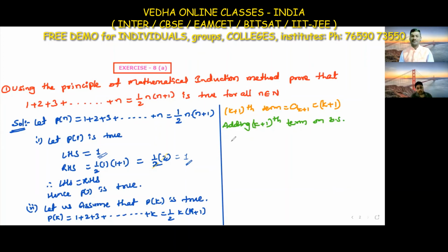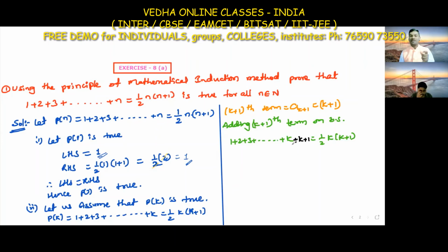1 plus 2 plus 3 and so on up to k, plus the k plus 1th term, equals 1 by 2 into k into k plus 1.